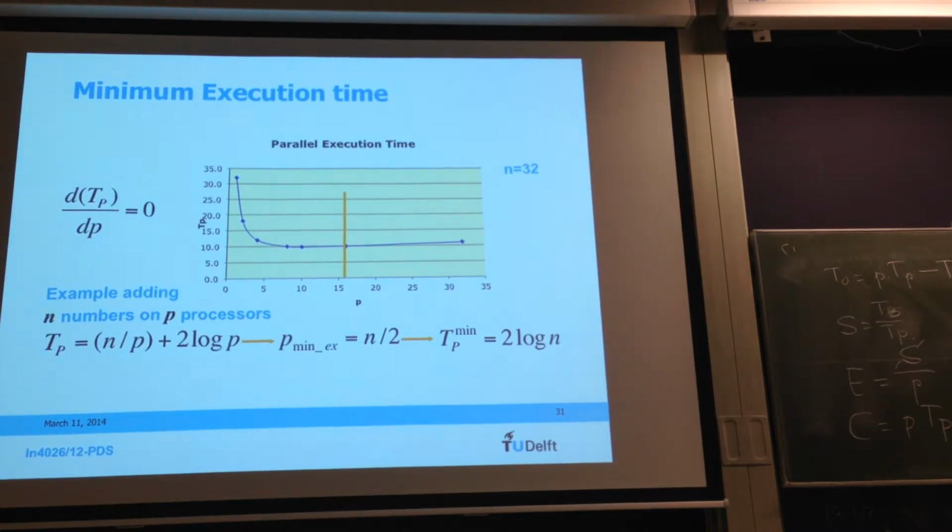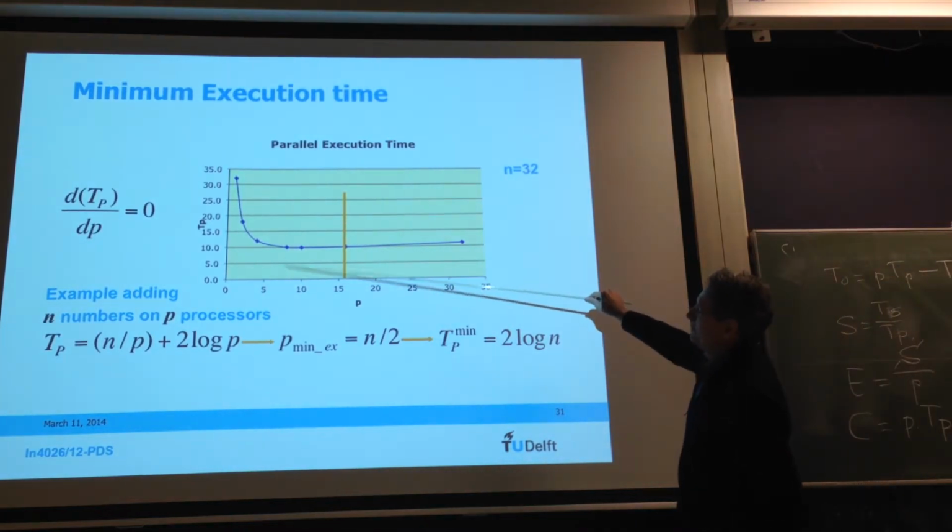Now, looking at this graph, would you consider this an efficient solution? Well, you can almost get the same execution time by using half the processors.